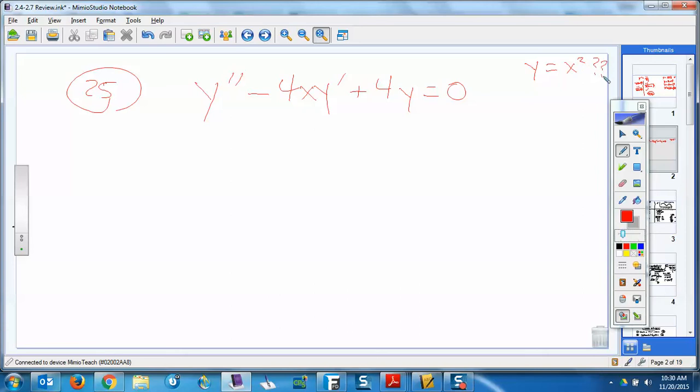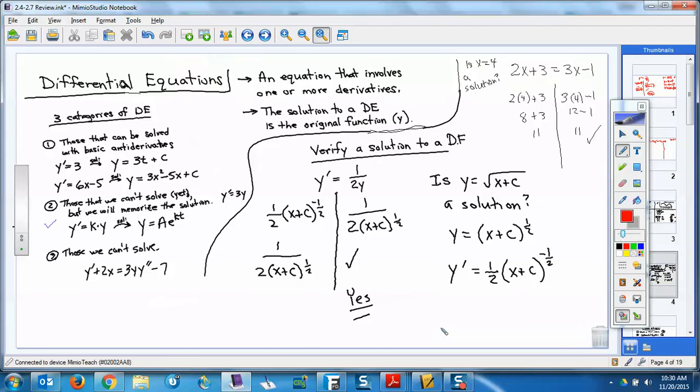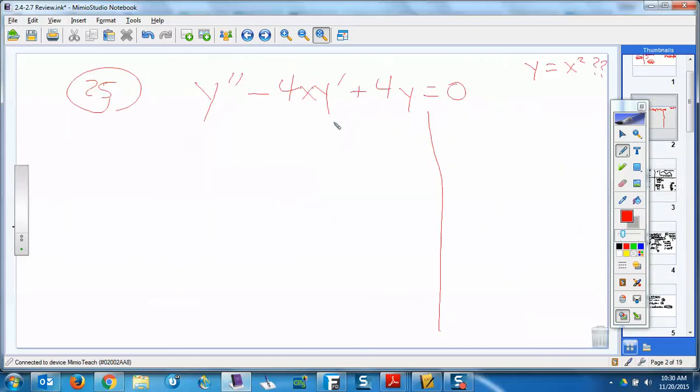Just like x equals 4 is our proposed solution, so we stick that into the equation. So here's my differential equation right here. Remember, a differential equation is any equation that involves one or more derivatives, and the solution to a differential equation is the original function y. So what we're doing here is we're saying, is this function y equals x squared the solution to this differential equation? So everywhere I see a y, I'm going to plug in x squared.